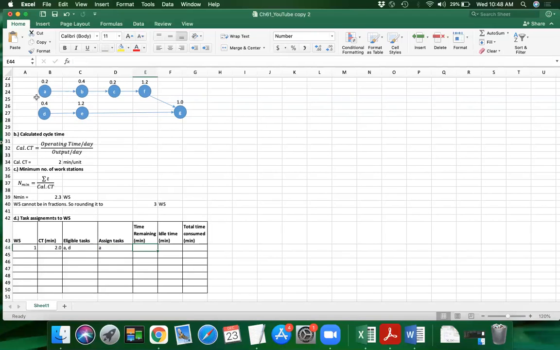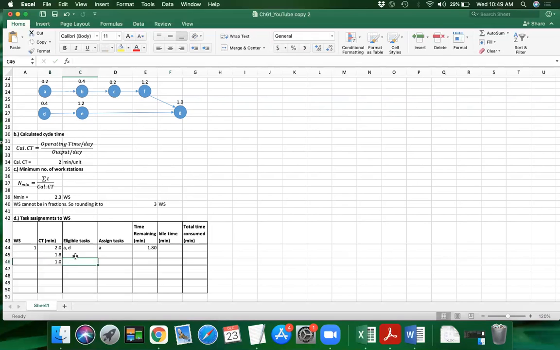Well, A takes 0.2 minutes and you have 2 minutes, so time remaining is 1.8 minutes. And idle time, we don't know yet. This will be filled in when you're done assigning all the tasks to a workstation, then we'll fill up these last 2 columns. So 1.8 minutes are remaining, so I will put in 1.8 here.